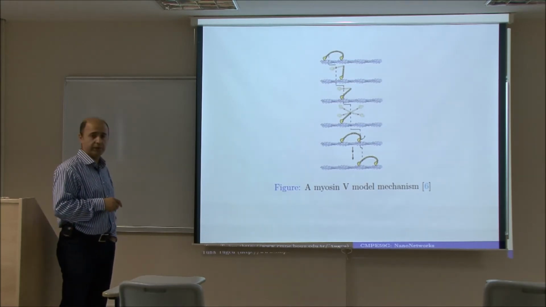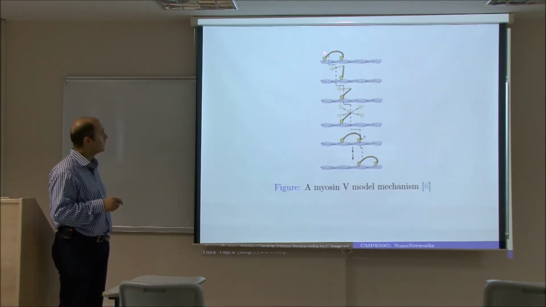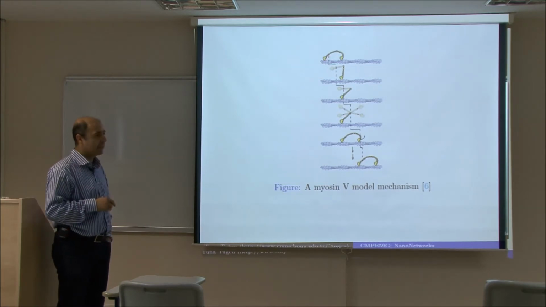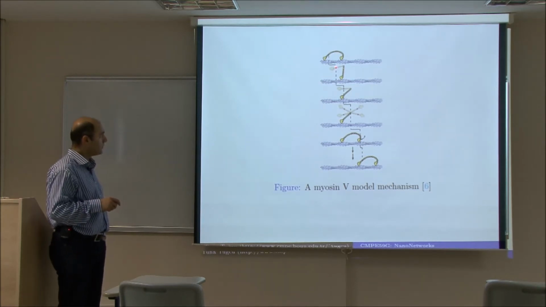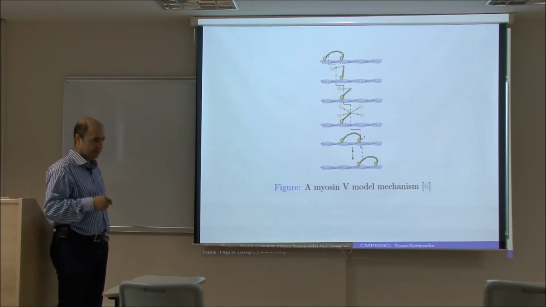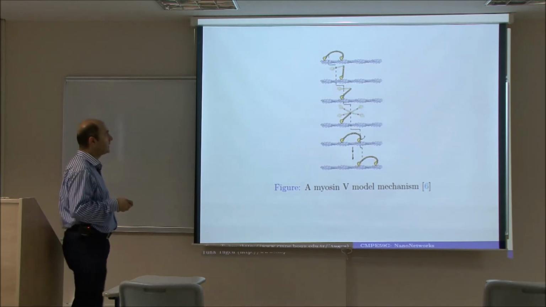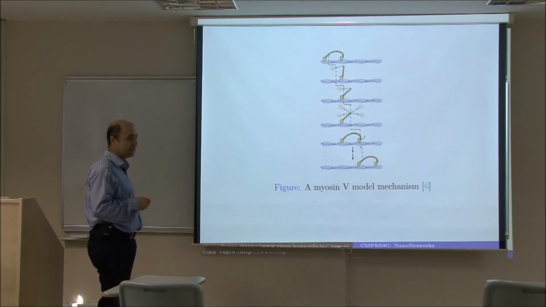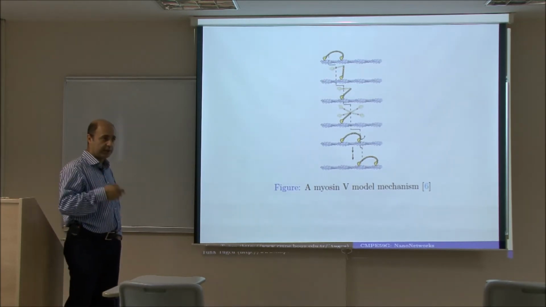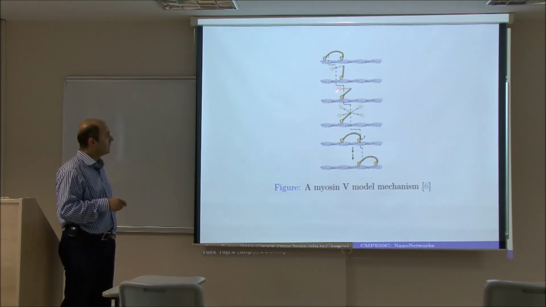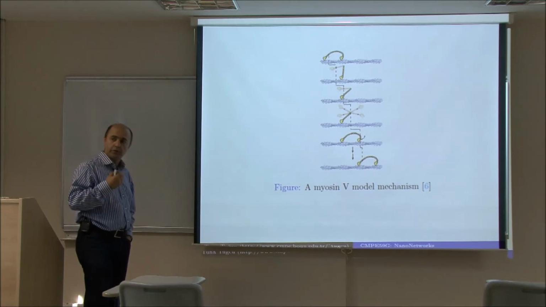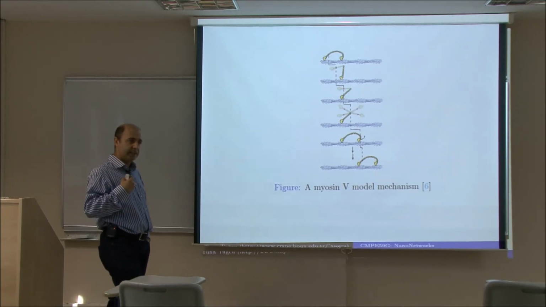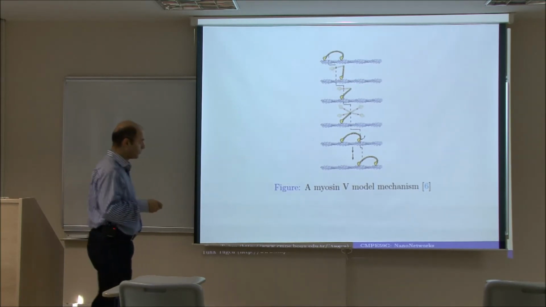We also saw the video of this, so I won't go into the details, but here the two heads are attached. The neck and the load are not shown here. One of the legs, the lagging leg or head, is released with the hydrolysis, and with the conformational change, the motor has a bias in the forward direction.